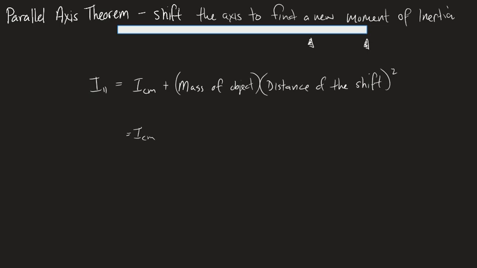To use the parallel axis theorem, you have to start from the center and shift. Everybody understand? So the center of mass formula for moment of inertia is 1/12 ml squared. You have to start from the center and shift to the new axis.